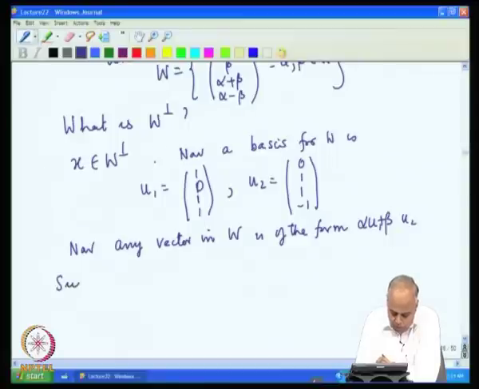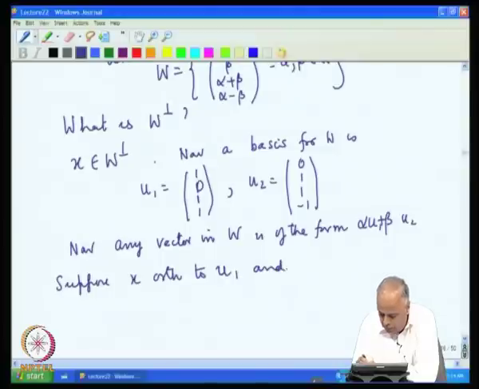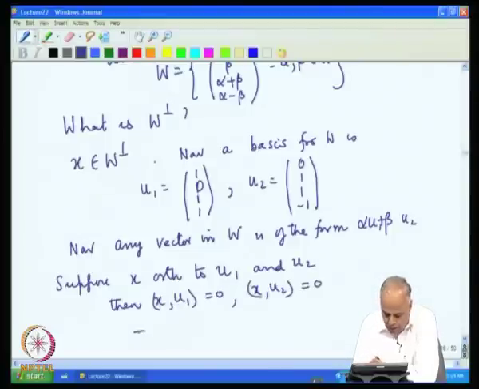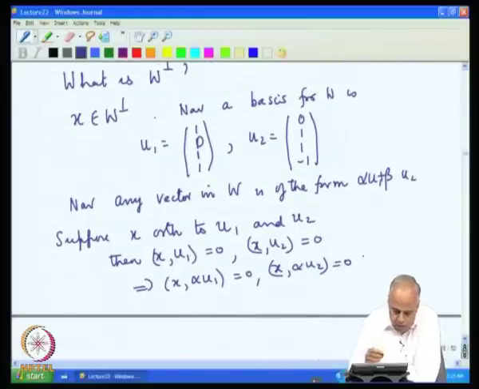Now, suppose x is orthogonal to u1 and u2, then x comma u1 equal to 0, x comma u2 equal to 0, and that implies x comma alpha u1 is 0, x comma beta u2 is 0, because we can pull out constants in and out.